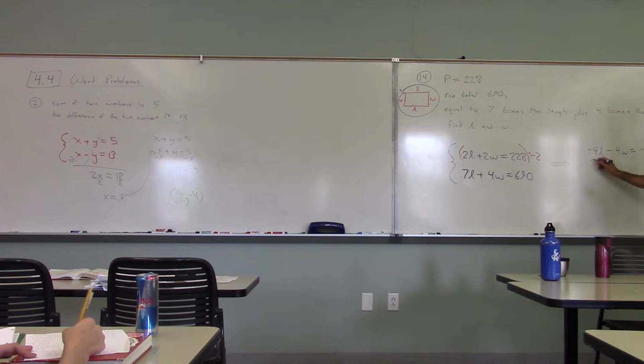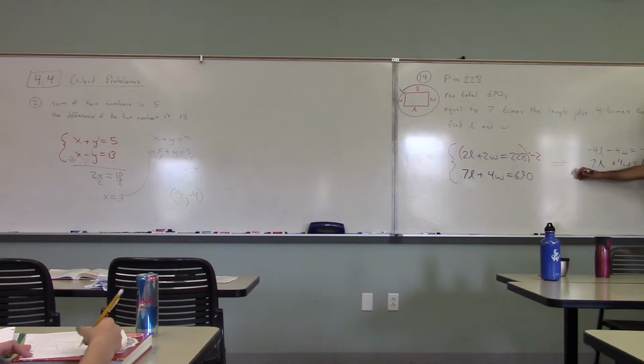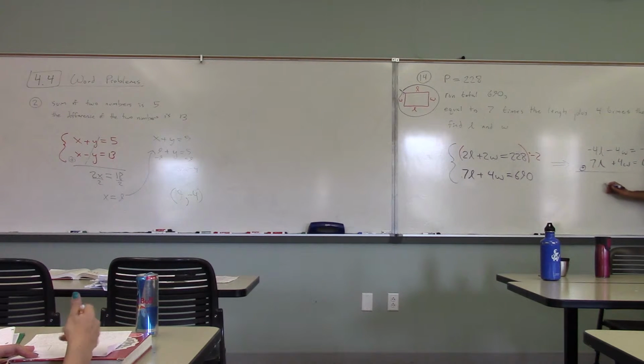And then this is 7L plus 4W equals 690. Adding these together, we get 3L, the W's cancel, and then some big numbers, that'd be 234. Just divide by 3, divide by 3.